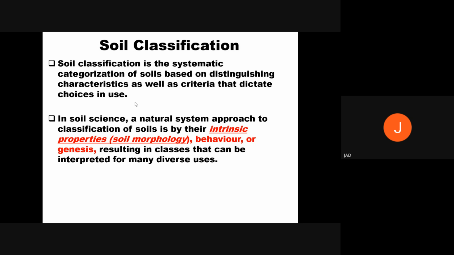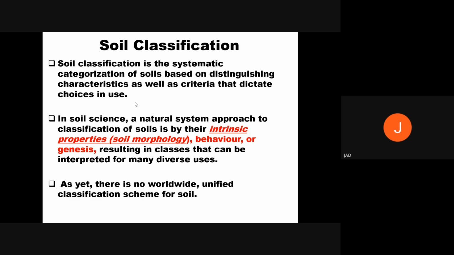So these are three key things that we use in soil science to classify soil. But then we have different systems when it comes to classification. We have the USDA, we have the World classification systems and FAO and the rest. And then we also have Ghana, the Bremer classification system. So we talk about that later as we go along. As I said earlier, there's no worldwide unified classification scheme for soil.